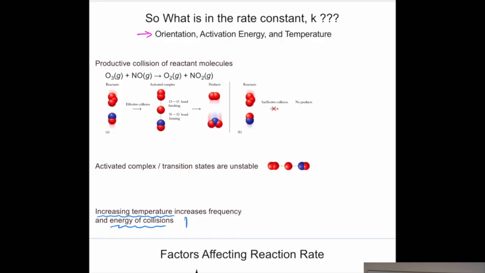So this is what happens when we start increasing kinetic energy. And as you recall, just like when we were doing thermodynamics or gas laws and all that stuff, we use temperature as a reflection of the kinetic energy, but then it has to be an absolute temperature. That's in Kelvin.